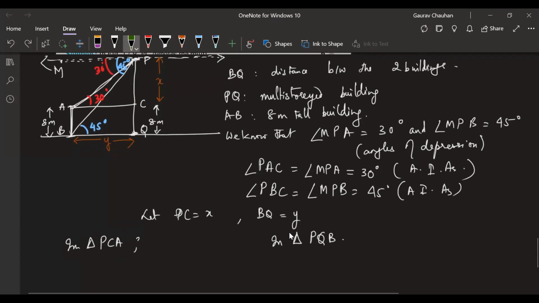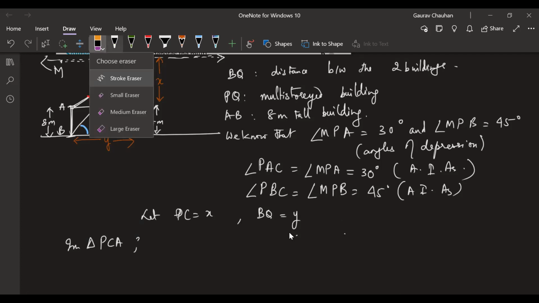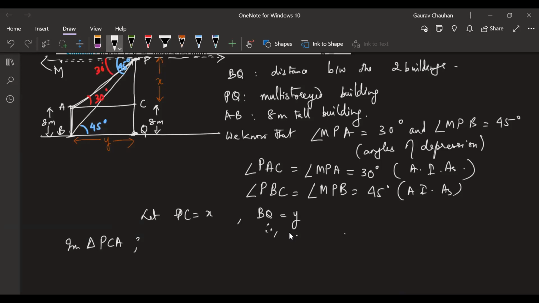Now let's see what we are going to end up forming. Just to be clear, BQ is equal to y, therefore AC is also equal to y. So let me write this here. Therefore AC is also equal to y, as BQ is equal to AC.